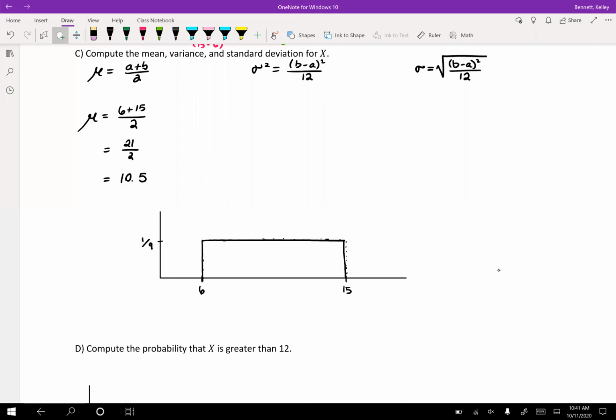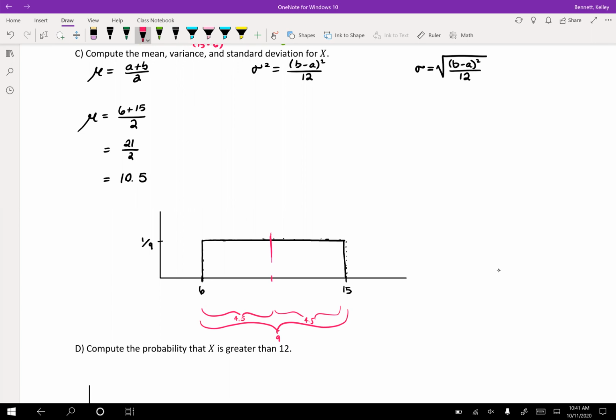Where does 10.5 fall in between here? Remember that the total distance was 9. So 4.5 is halfway. 4.5 is half of 9. So we can see here definitively that the mean is right in the middle of our uniform distribution.